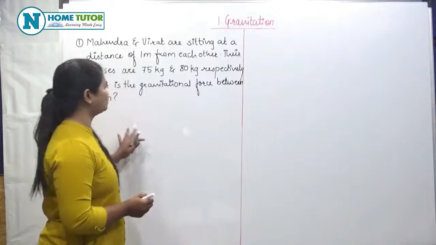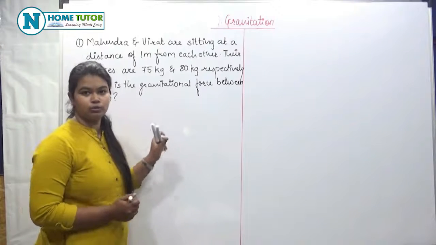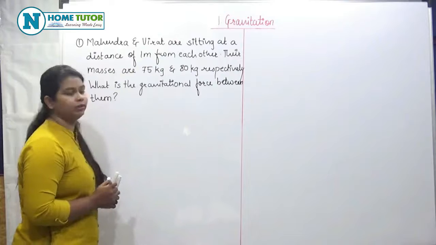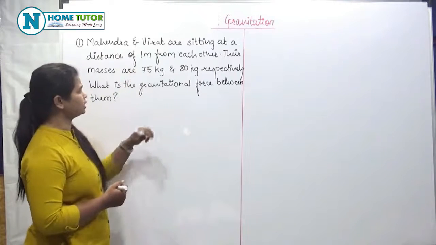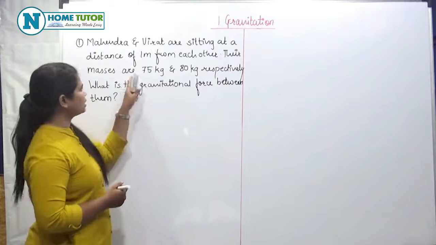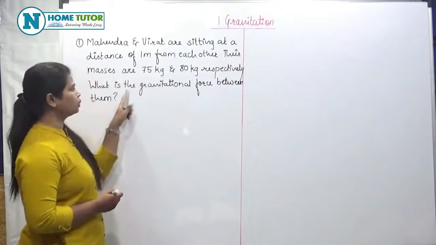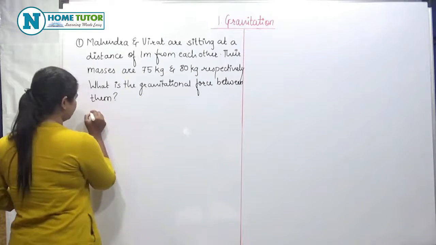Now let's solve the examples which are given in the textbook, which are based on the laws which we have discussed till now. So the question is, Mahendra and Virat are sitting at a distance of 1 meter from each other. Their masses are 75 kg and 80 kg respectively. What is the gravitational force between them? So let's first write down the given things.